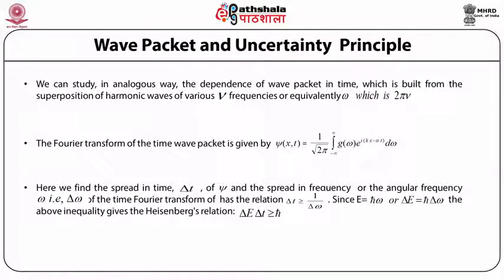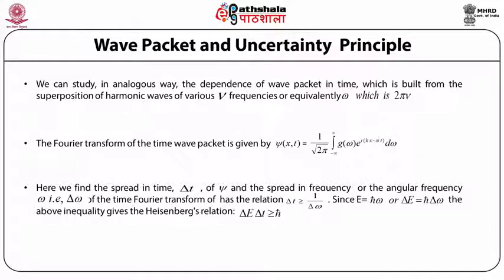Thus, if delta omega is the spread in the angular frequency, then the corresponding spread in the energy associated with this frequency spread is given by delta E is equal to h cross delta omega.